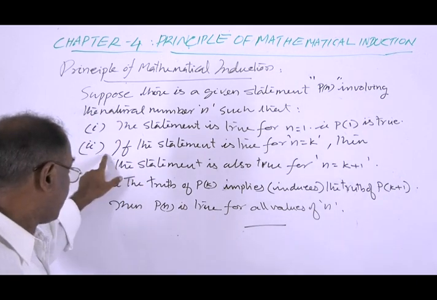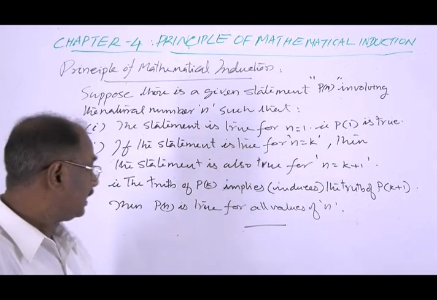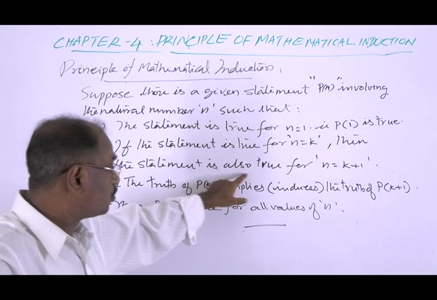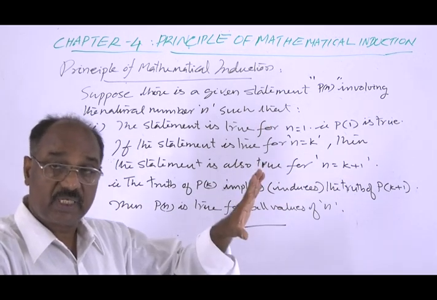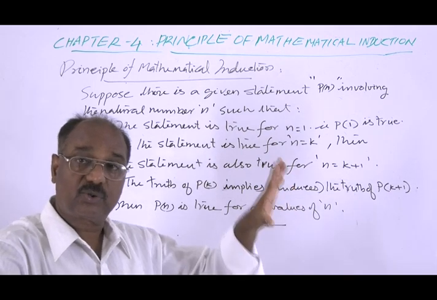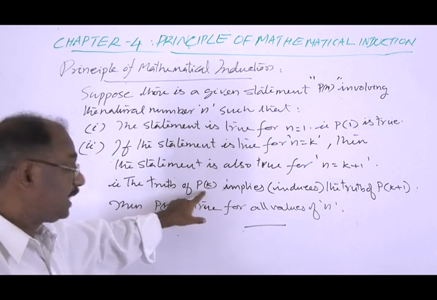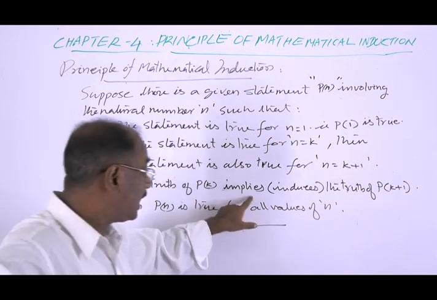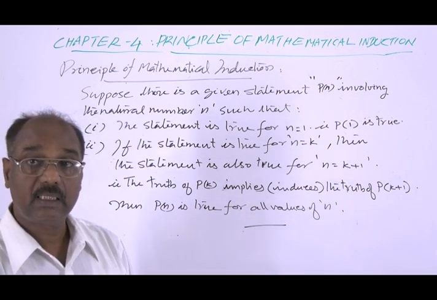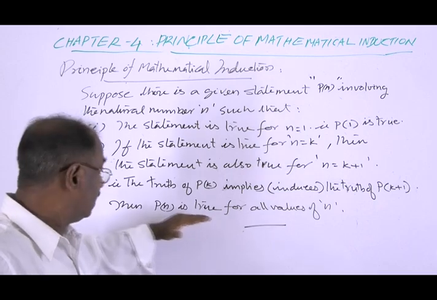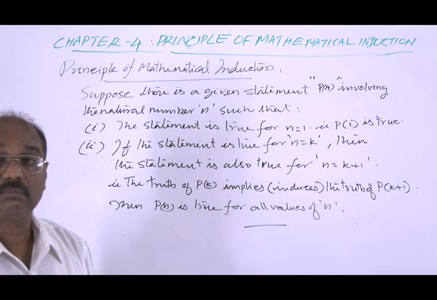And 2, if the statement is true for n equal to k, then the statement is also true for n equal to k plus 1. That is, the truth of Pk implies or induces the truth of Pk plus 1. Then the principle says that the statement Pn is true for all values of n.